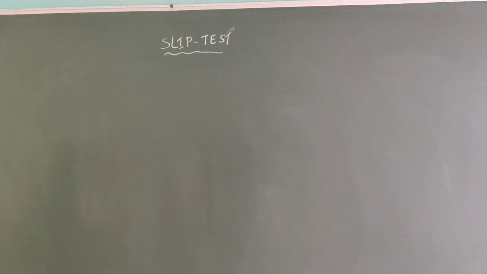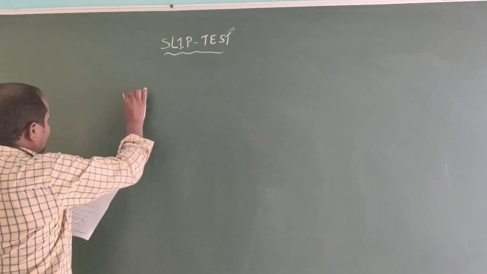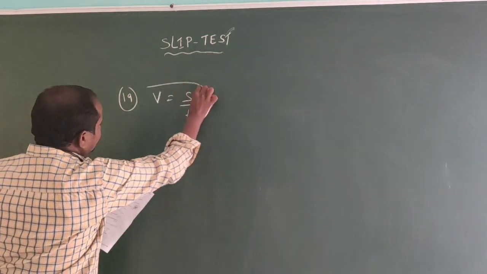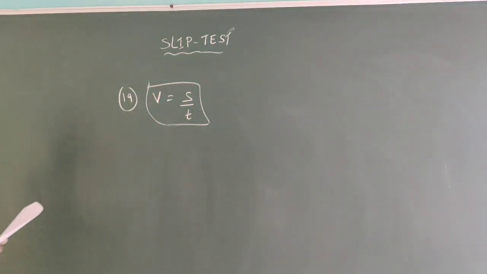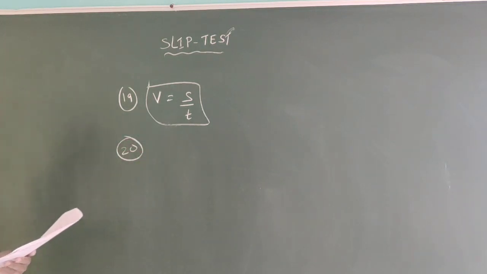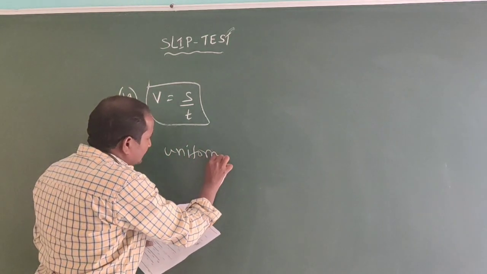The relation between speed, distance and time is V equal to S by T. So 19th one, V equal to S by T. Next, 20. The body covers equal distance in equal intervals of time is called a uniform motion.